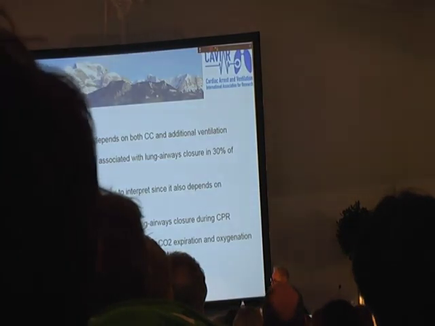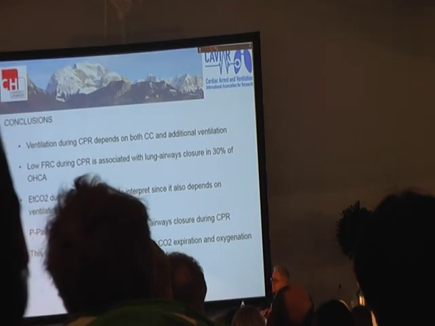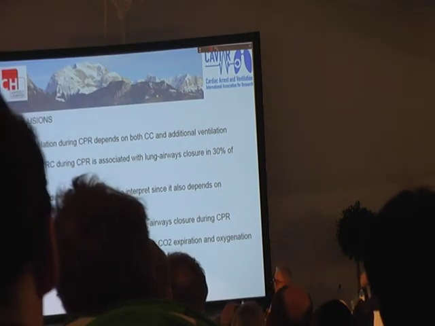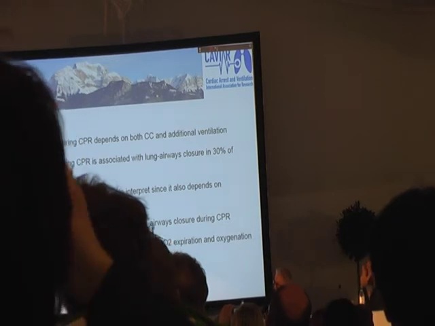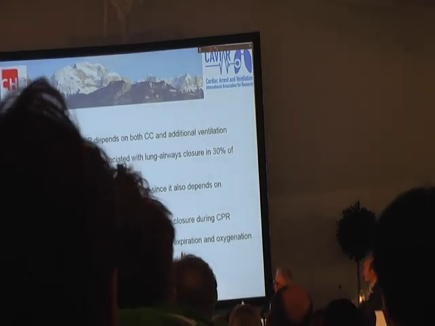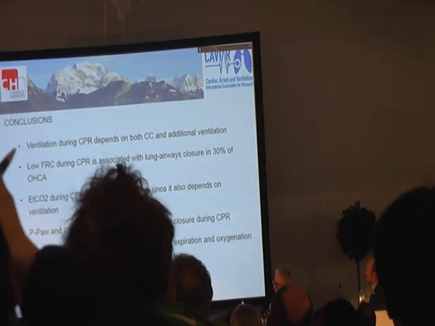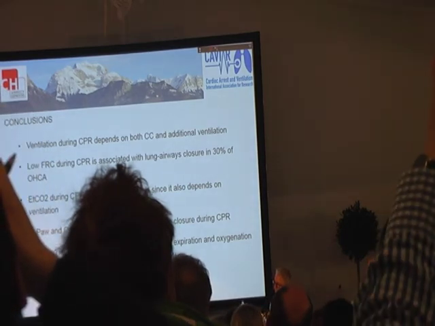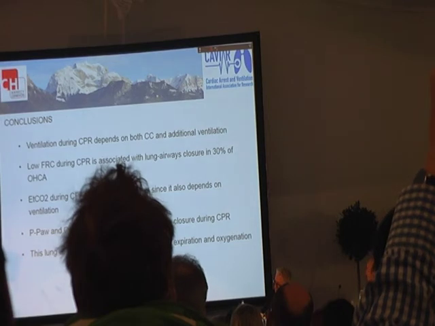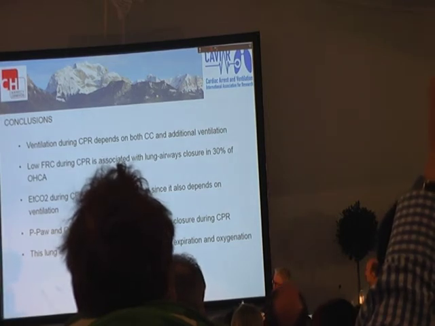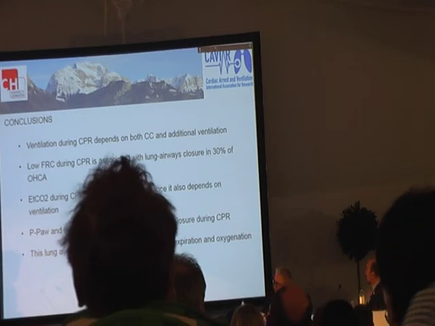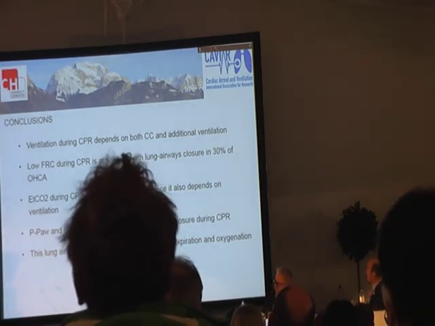So my conclusion: ventilation during CPR depends on both chest compression at one end and additional ventilation from the bag, the ventilator, or another device at the other end. Low FRC, low lung volume during CPR is associated with the risk of lung airway closure in almost 30% of out-of-hospital cardiac arrest.